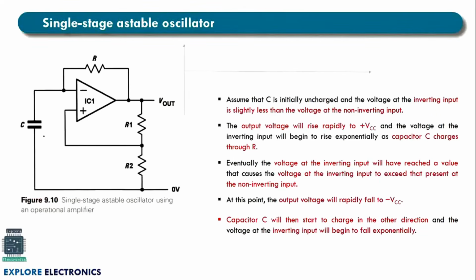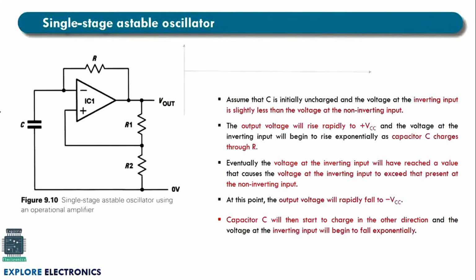This capacitor is the heart of the circuit. When this capacitor charges, the value rises to 1, and when it discharges, it comes back to 0. Like that, the output pulse will be generated in an astable oscillator.